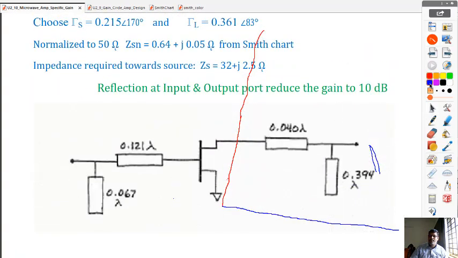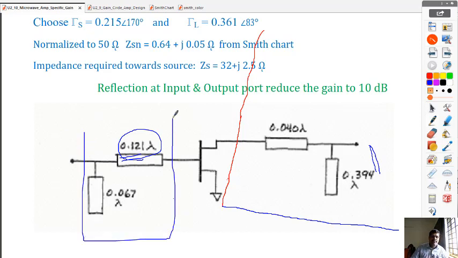Now we have computed the length for both the series transmission line and open circuited stub using the Smith chart, and we have completed the input matching network design.